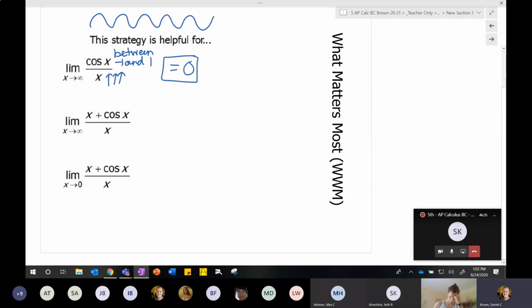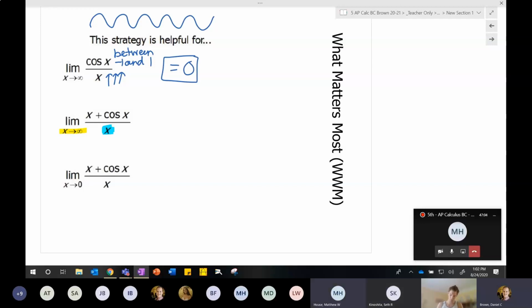Where that changes, if you look at the second one, I did x plus cosine of x in the numerator. We are going to infinity, so we want to think about what's mattering most in this problem. In the denominator, we just have the x to deal with. In that numerator, which one is going to matter the most at infinity, the x or the cosine of x? The x.